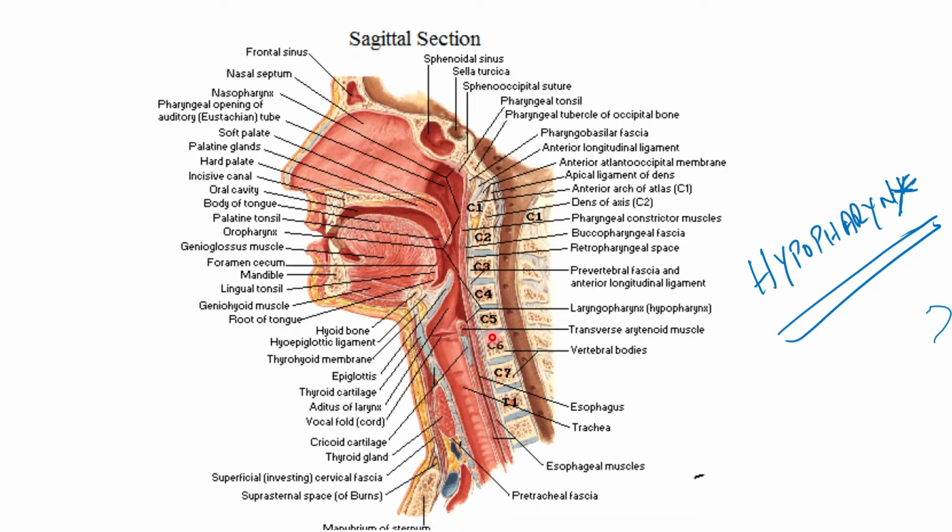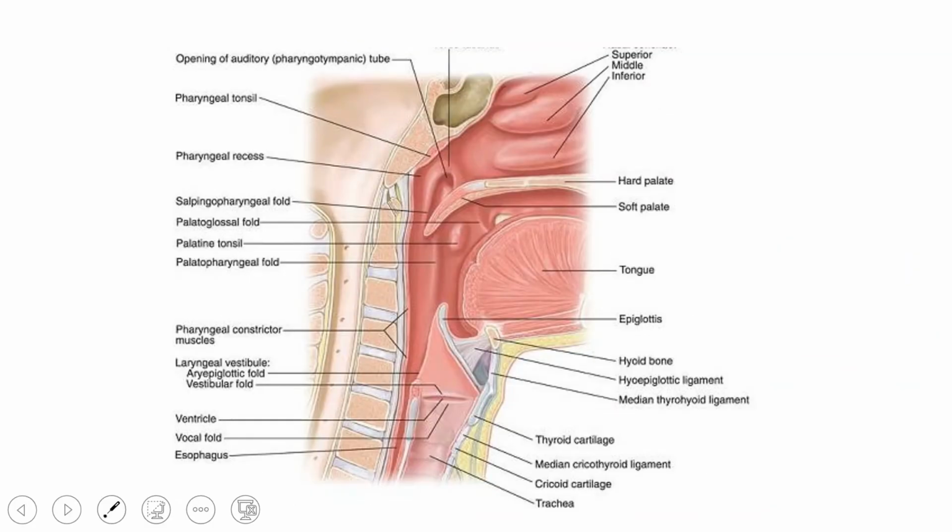Moving on to the boundaries of this laryngopharynx, it has an anterior wall and a posterior wall. The anterior wall of this laryngopharynx represents the laryngeal inlet, where the laryngopharynx opens into the larynx.